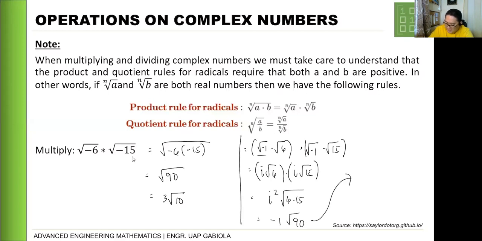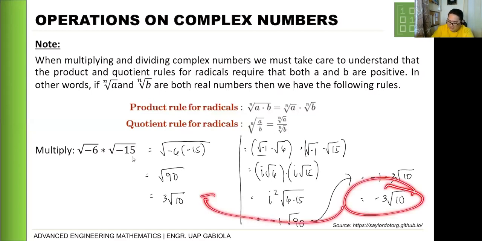So, yung final answer natin should be negative 1 times 3 square root of 10 or negative 3 square root of 10. No? So, kung makikita nyo, yung sign is different. So, hindi siya mag-equal kapag ganito yung ginawa natin.